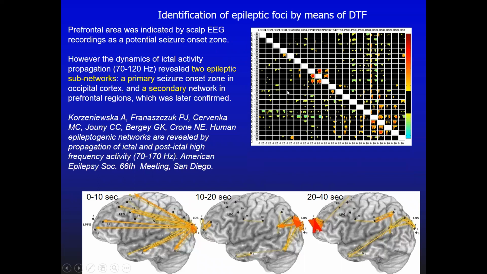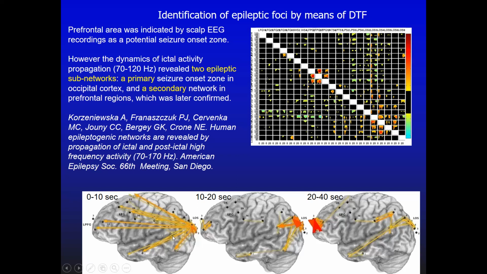In another experiment, performed later, the prefrontal area was indicated by scalp EEG recording as a potential seizure onset zone. However, the dynamics of ictal activity propagation revealed two epileptic subnetworks, a primary zone.